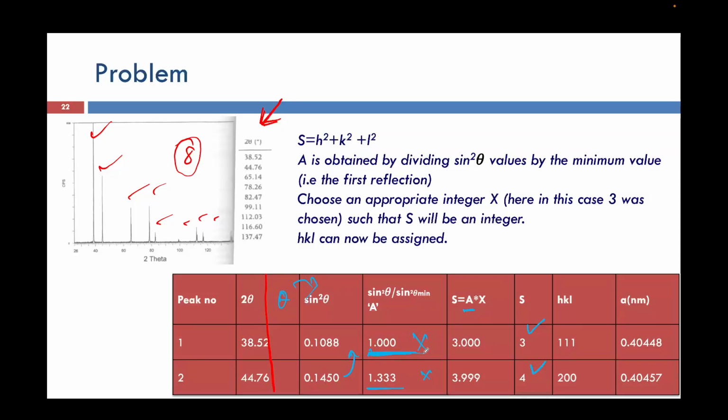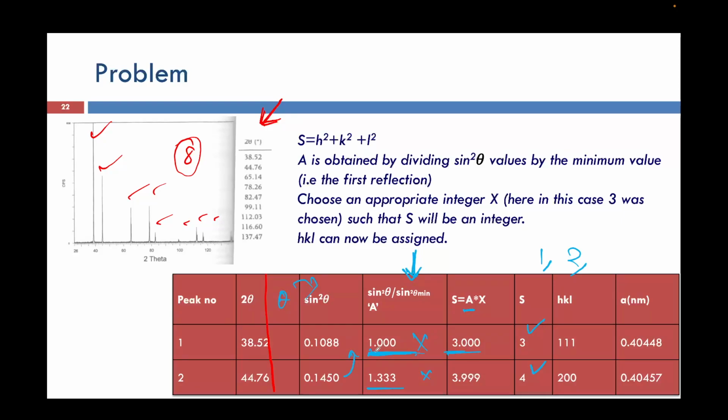I have directly multiplied by 3 here, but I could have multiplied by 1 or by 2. When I multiply by 2, the entire column has to be multiplied by 2, and only then will you get the right values.